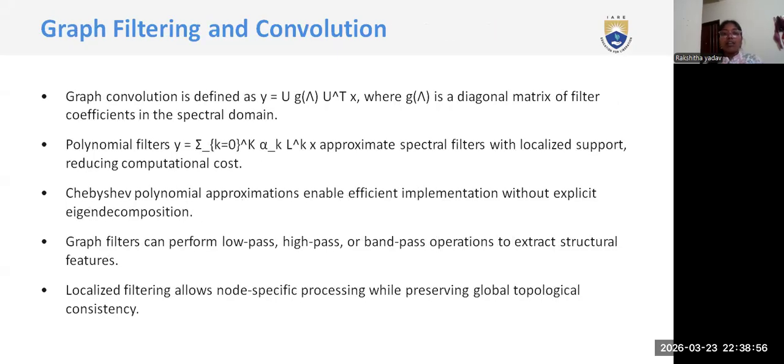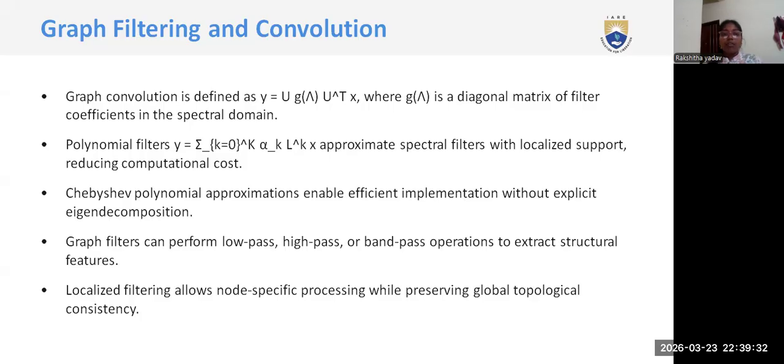Graph filtering and convolution. Graph convolution is defined as y equals U g U transpose x, where g is a diagonal matrix of filter coefficients in the spectral domain. Polynomial filters, y equals sigma k equals 0 to K alpha k L^k x, approximate spectral filters with localized support, reducing computational cost.